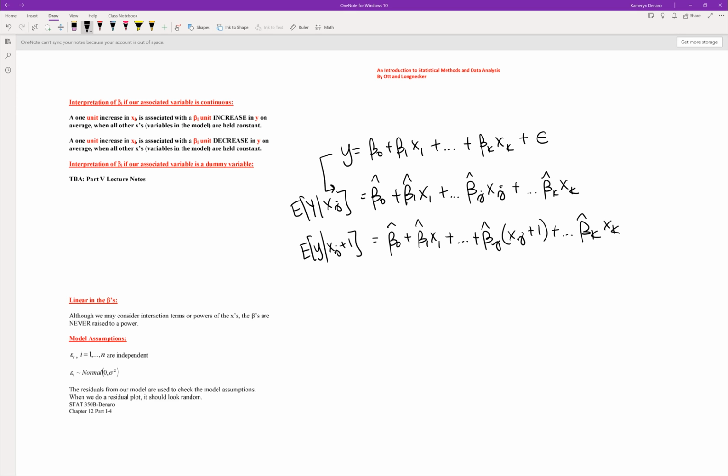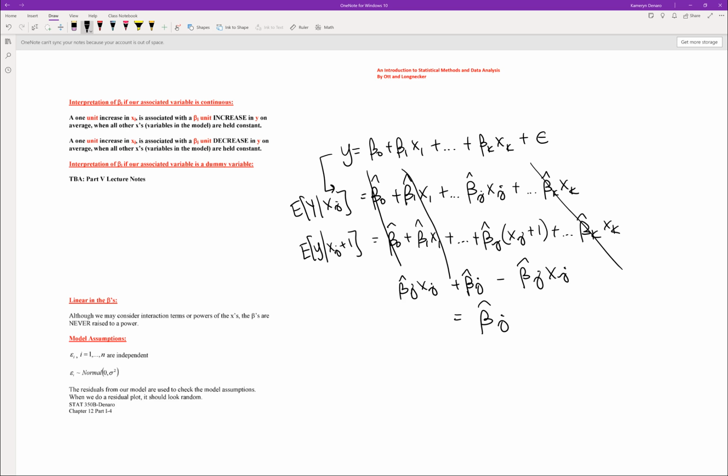So if I take the subtraction of these two things, everything is going to cancel out. The beta 0 hat minus beta 0 hat is going to be 0, and the beta 1 hat x1s are going to cancel out. Everything cancels except beta hat j times xj plus 1 minus beta hat j xj. So at the end of the day, I'm just left with beta hat j.